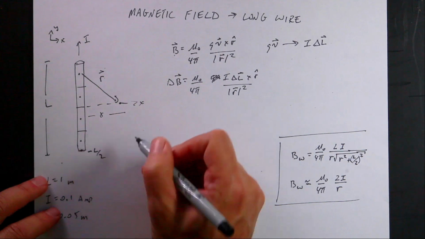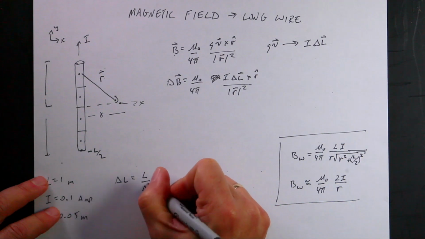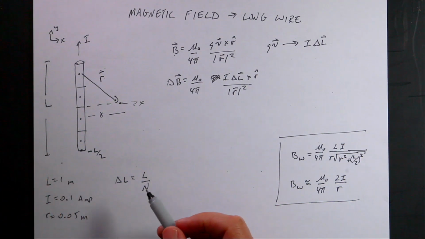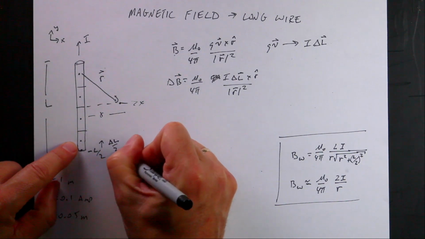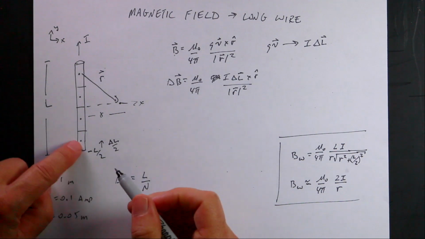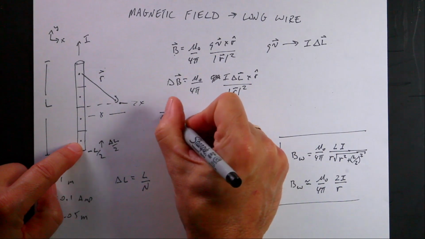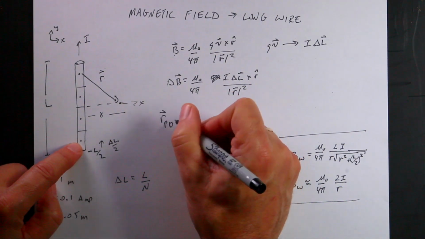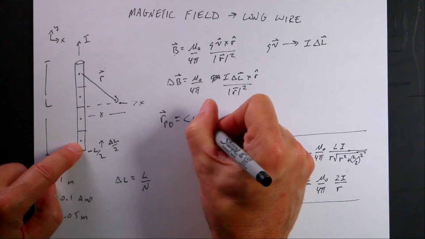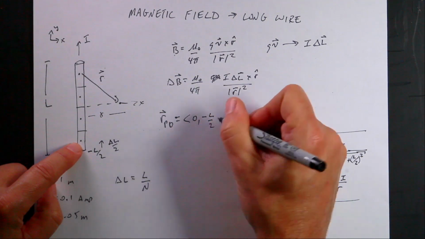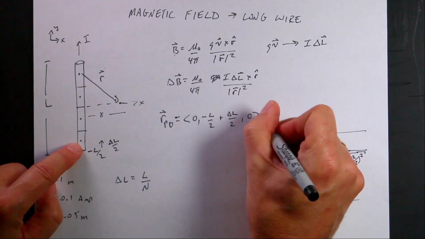If this is a length of delta L, and we'll say delta L is equal to L divided by N, where N is the number of pieces I break it into, then I need to shift this up by delta L over 2, half of a delta L. So that means this very first piece right down here, I'll call this RP0, is going to be equal to the vector 0, negative L over 2 plus delta L over 2, 0.